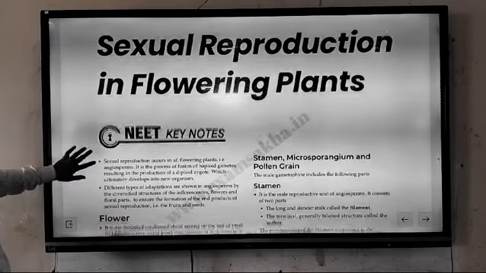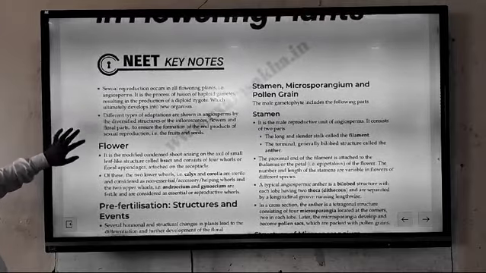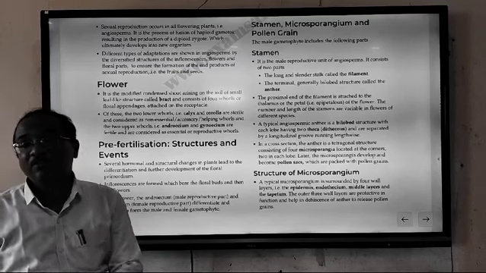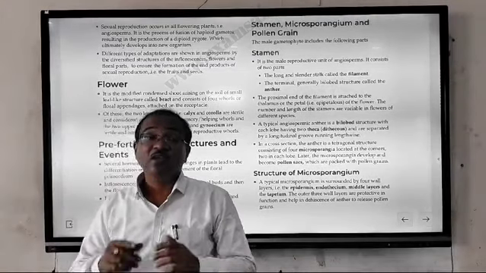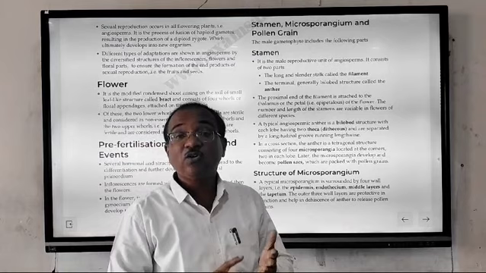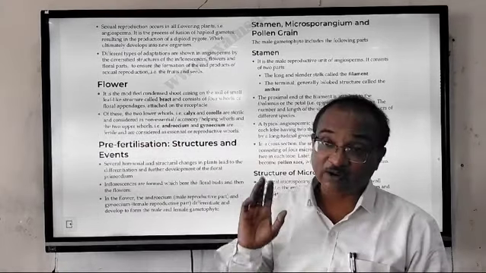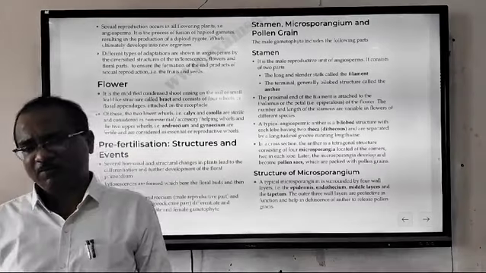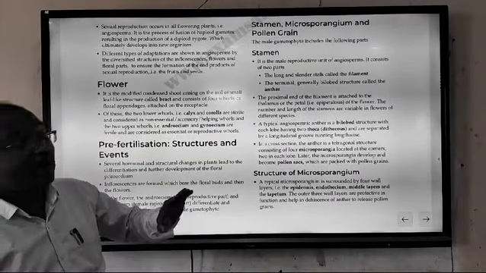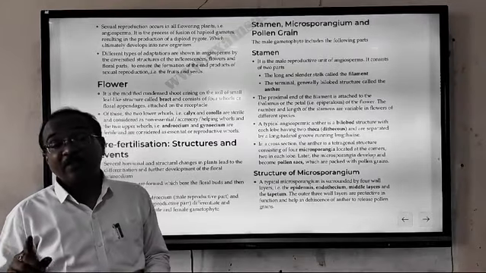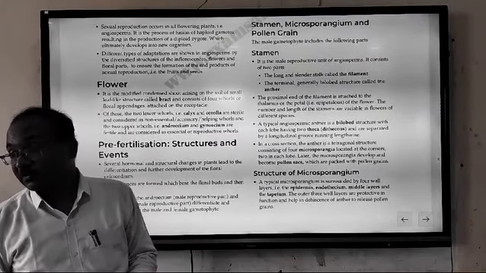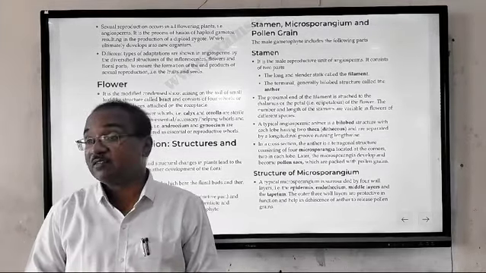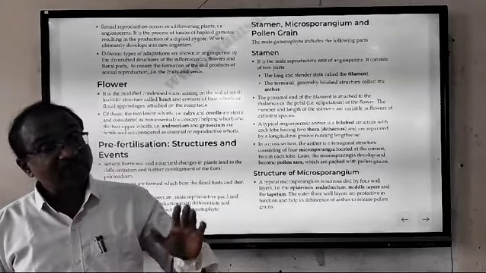The important parts of the flower are the calyx, corolla, androecium and gynoecium. Calyx and corolla are the accessory parts of the flower. Androecium and gynoecium are the essential parts of the flower. Androecium is the male reproductive part of the flower, and gynoecium is the female reproductive part of the flower.